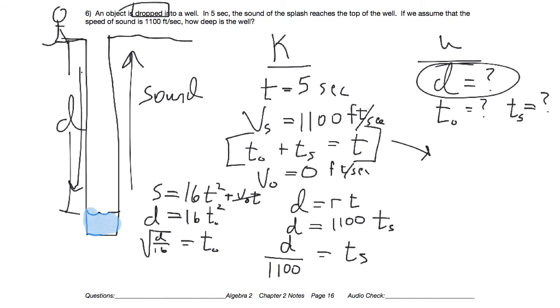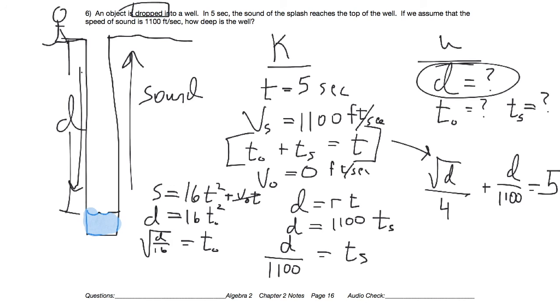So I'm going to take that t_O plus t_S equals t, and I'm going to fill in what we know. t_O is no longer t_O, it's the square root of d over 16, or the square root of d over 4, if you simplify it. Plus d over 1,100, that's what used to be t_S. And the total time, it's given that it's 5 seconds.